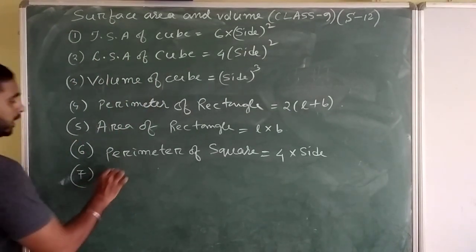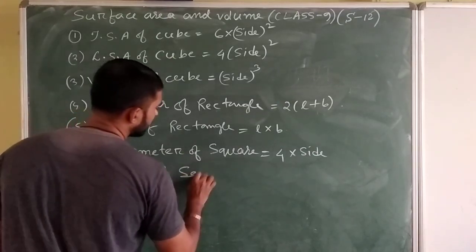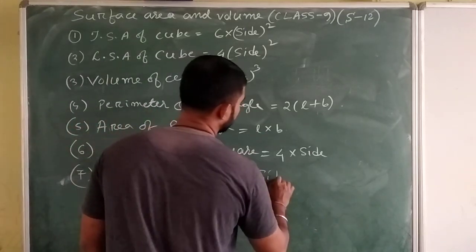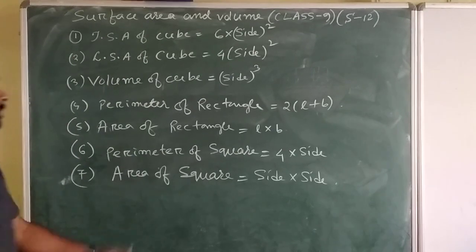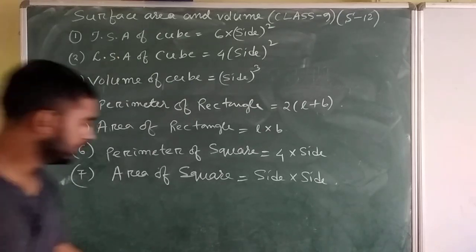Then area of square equals side into side. So perimeter of rectangle 2 into L plus B, area of rectangle L into B, perimeter of square 4 into side, then area of square equal to side into side.